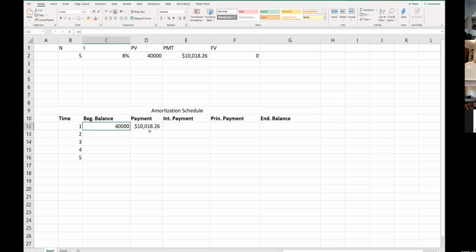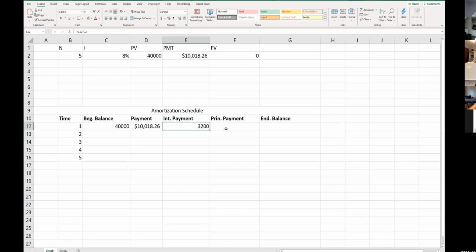So our interest is going to be equal to this 40,000, the balance outstanding at the beginning of the year, times the interest rate, 8%. So balance outstanding times 8% is 3,200.